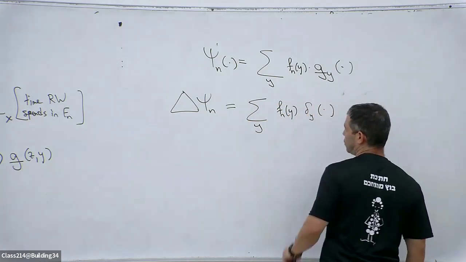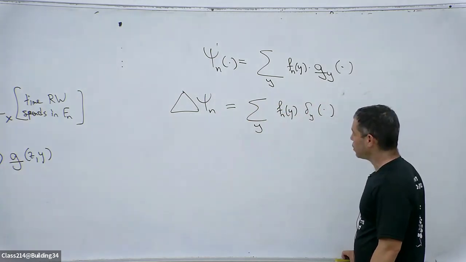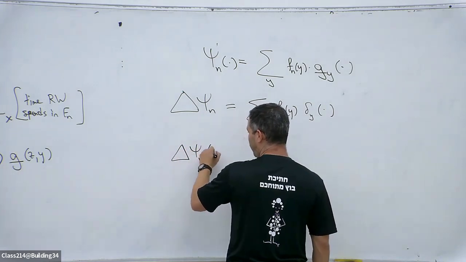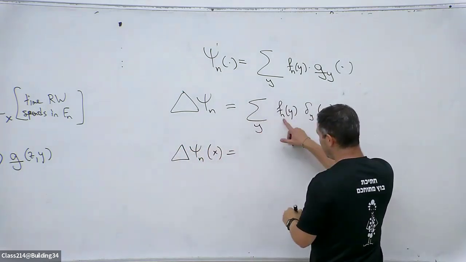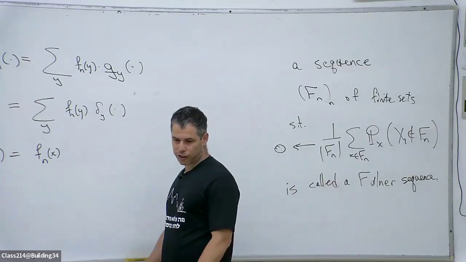So the Laplacian of psi n of x is just f n of x. This is why the green function is a kind of inverse.